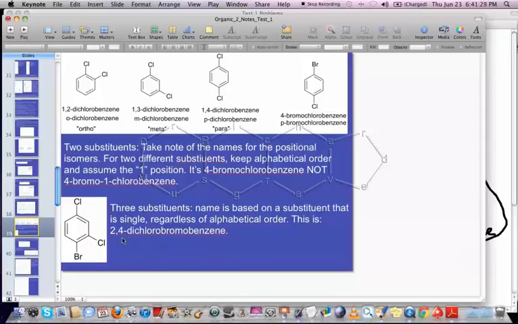And this would be 2,4-dichlorobromobenzene. So the bromobenzene would be the base chain. And this is another example of how alphabetization doesn't matter if we're talking about whatever's in front of the base chain. The base chain is the bromobenzene because all the numbering is based on that. And it's 2,4-dichlorobromobenzene.